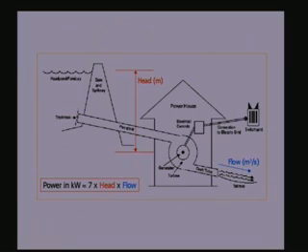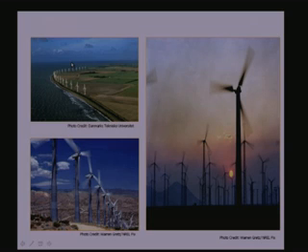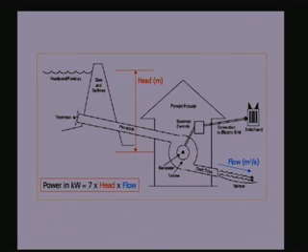Now, if we see the generation from hydroelectric power, you will have a forebay tank, a reservoir which is going to store up some head of water, and there is a penstock which will lead the water to a turbine, and this turbine is connected to an electric generator which will generate electricity and then pump it to the grid, the local grid.